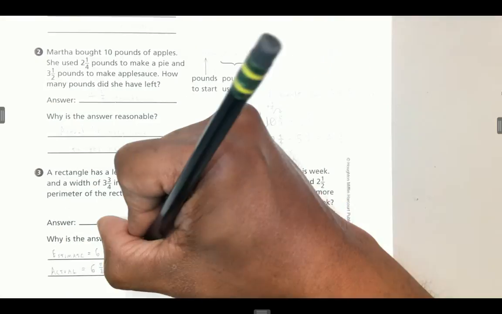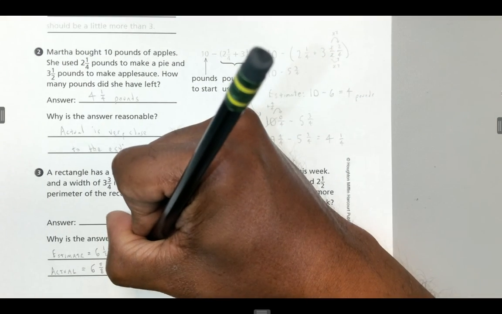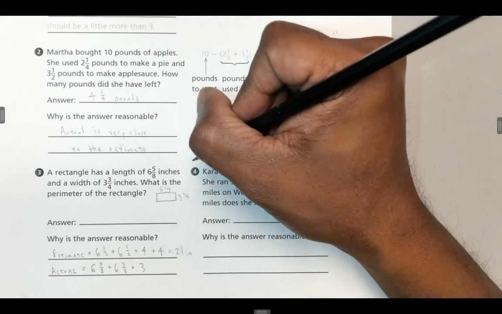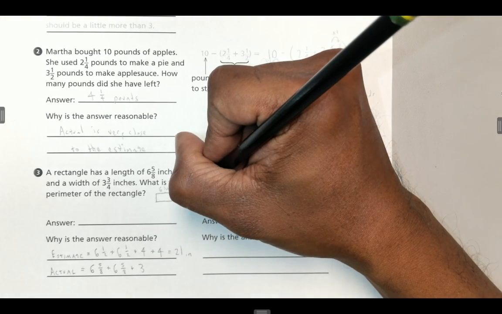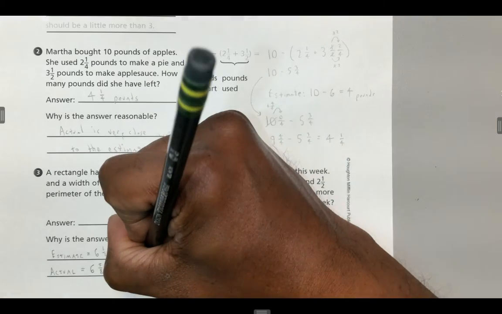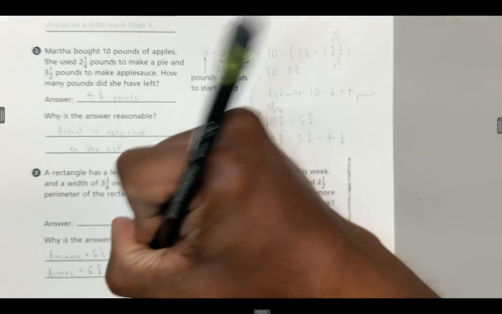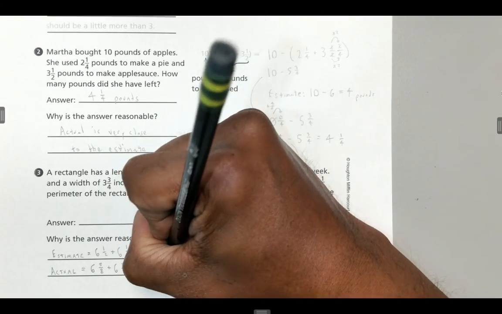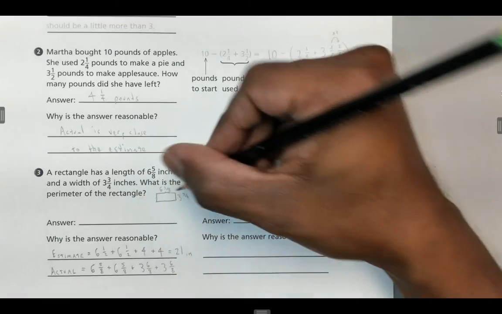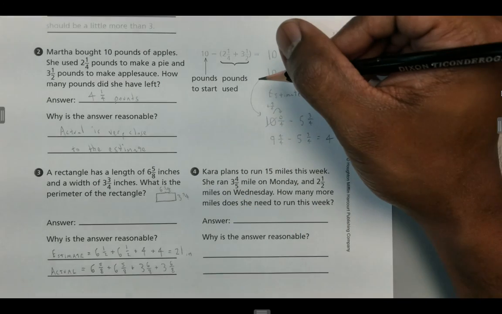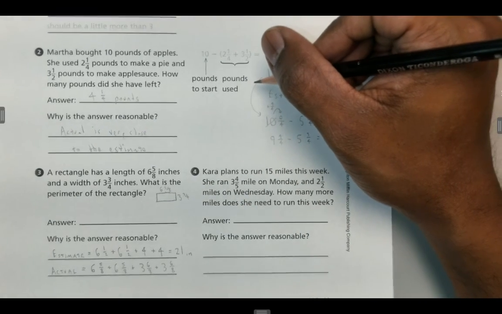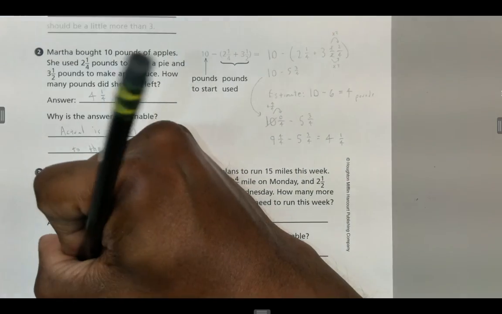I'm going to rewrite 3 3/4 by multiplying the bottom of the fraction by 2 and the top of the fraction by 2. So 3 3/4 becomes 3 6/8. Again, there's 4 sides to my rectangle altogether that I'm adding up. And now let's solve this thing.